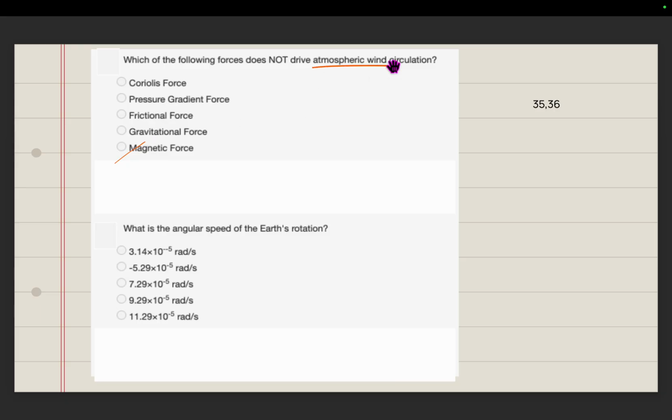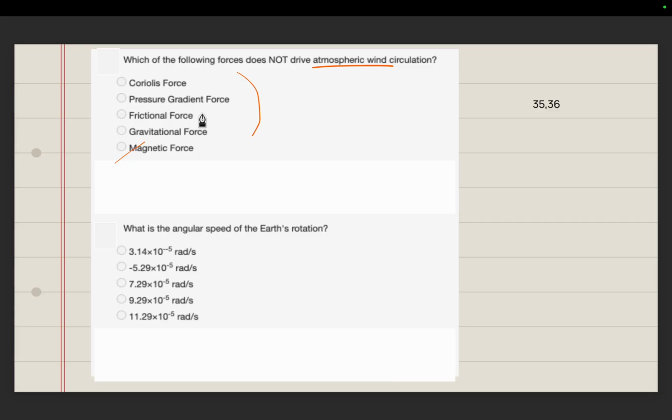Atmospheric wind circulation is driven by only these four forces: Coriolis force, which arises from the rotation of the earth; pressure gradient force, as the air density is changing with the temperature and the altitude; and the frictional force, yes, there is a frictional force between ground and air, also between different air layers.